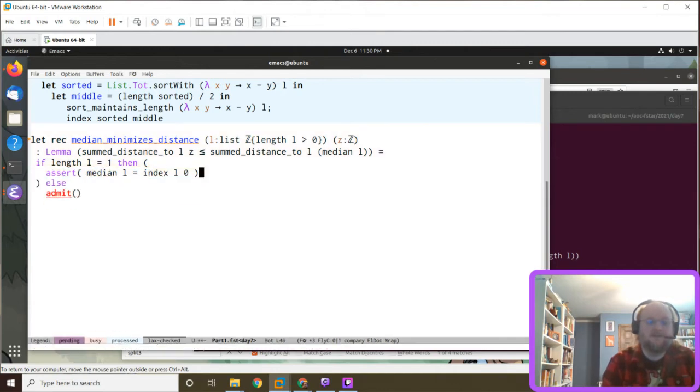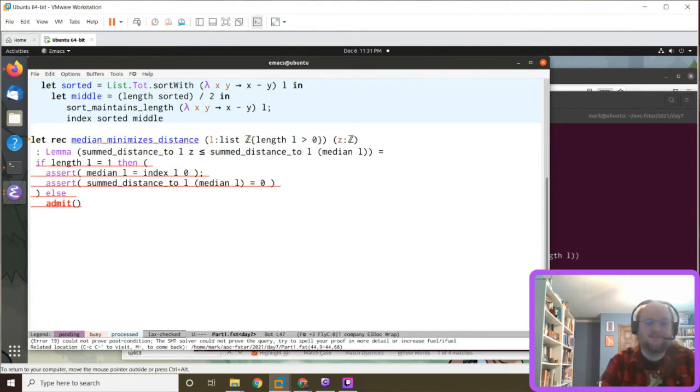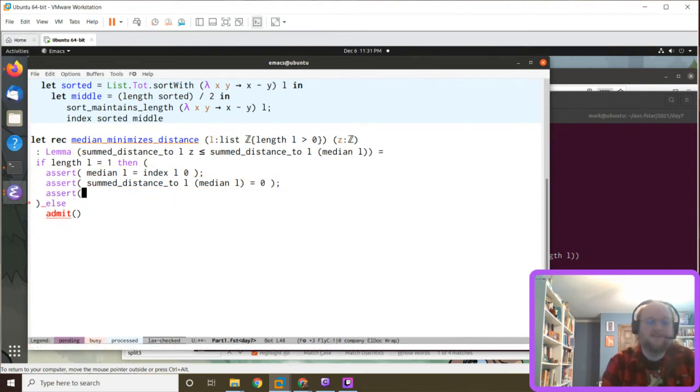Okay, so assert the sum distance to L median L is 0. That's good. And it should be obvious.